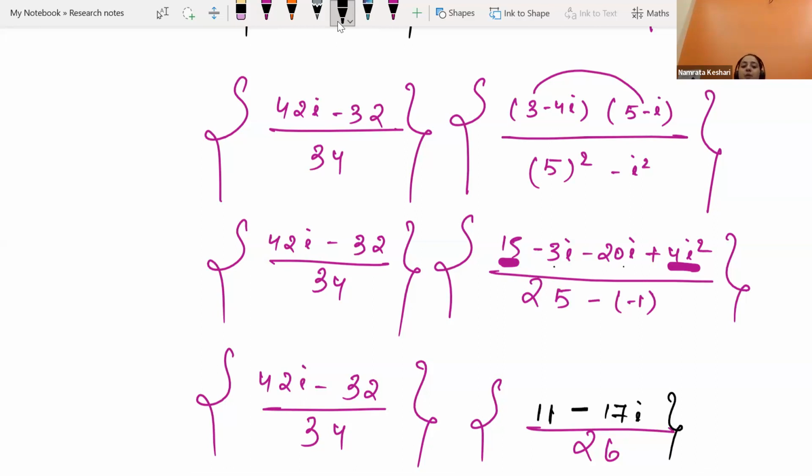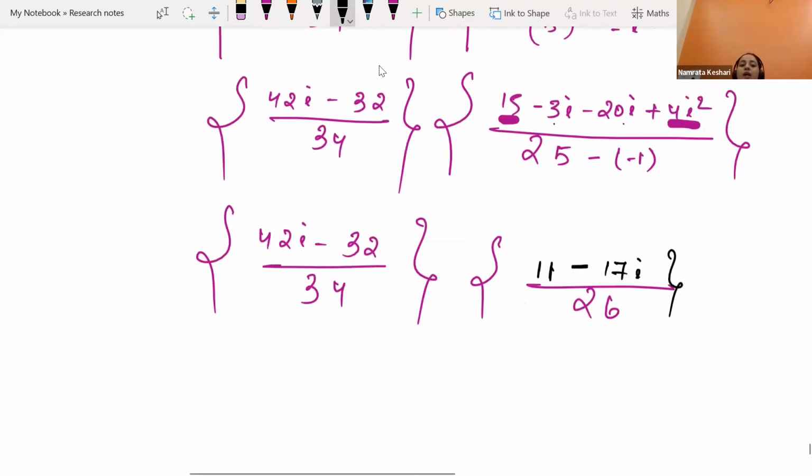Now we have to apply the distributive property. Before that, we will see if anything can be taken out common from the numerator part so that we can simplify. We can use smaller numbers rather than 42 and 32. So 2 can be taken out common. Anything else? Or 4 can be taken out common. No, 2 can be taken out common.